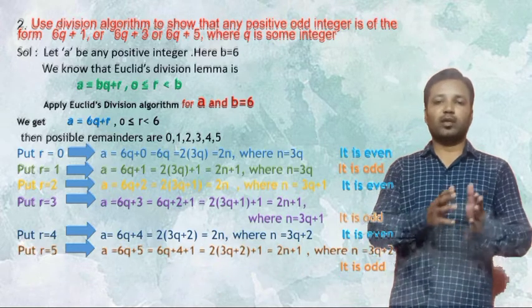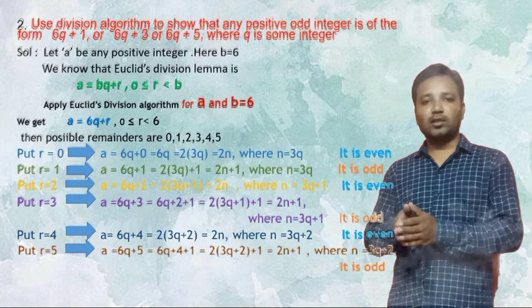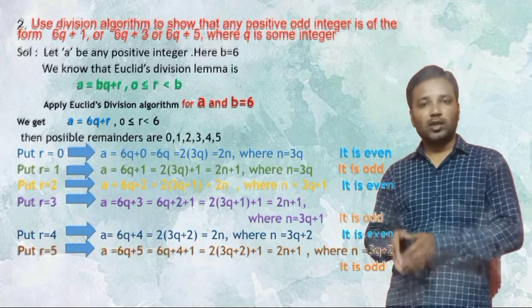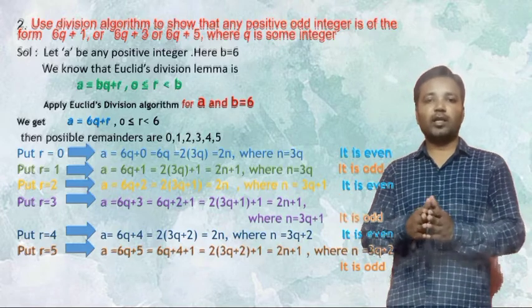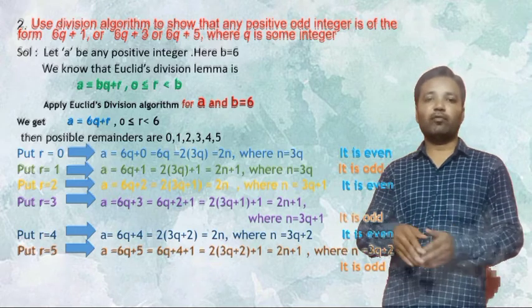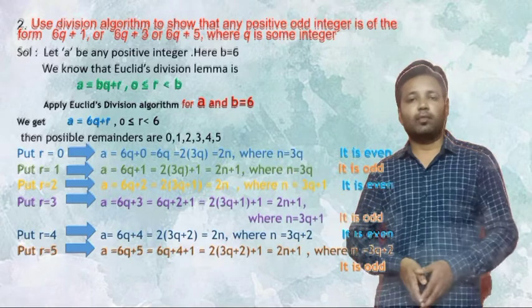From 6q and 4 I am taking 2 as a common factor. Therefore I get 2 into 3q plus 2, close that bracket, and plus 1 remains. The entire bracket 3q plus 2 is represented by the variable n. Therefore it is written in the form of 2n plus 1. Hence it is classified as an odd positive integer.